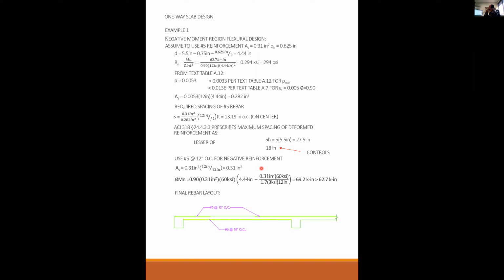Hold on, you're going in the wrong direction. A bigger spacing is less steel. So you're not going to have a problem with epsilon sub T. You're going to have a problem right here in showing that you actually provided enough steel. You didn't put enough steel in there. The larger the spacing is, the smaller the area of steel you're providing.